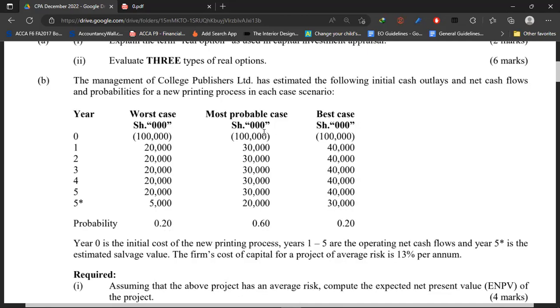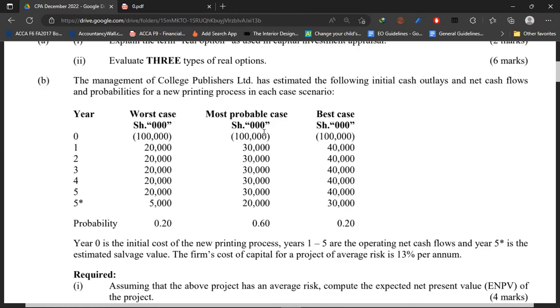The Management College of Publishers Limited has estimated the following initial cash outlays, net cash flows and probabilities for a new printing process in each case scenario. We have year 1 to year 5, the worst case, most probable case, and best case. Then we have probability.